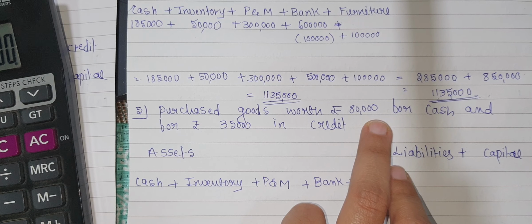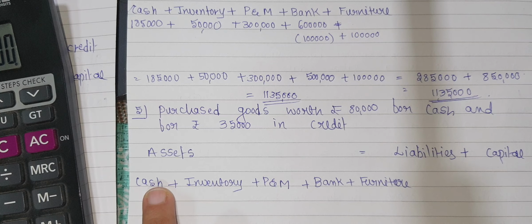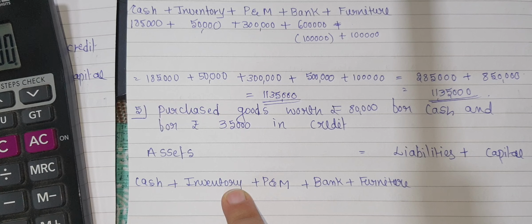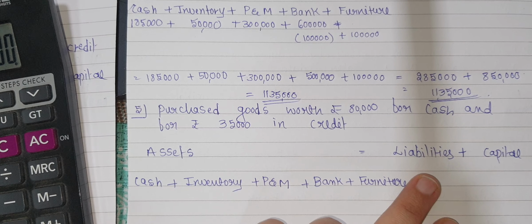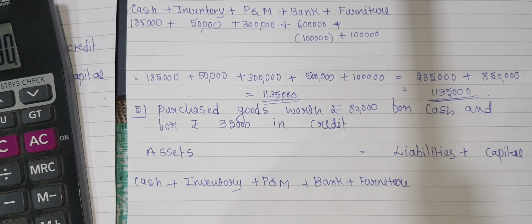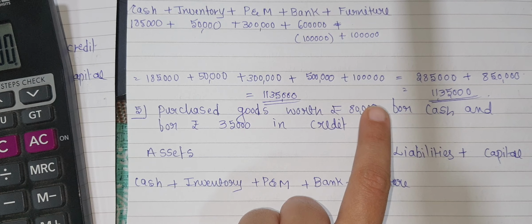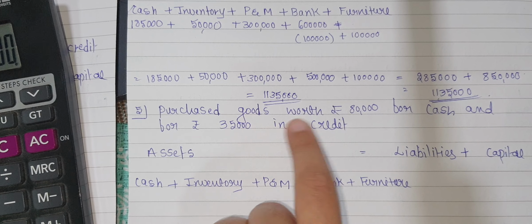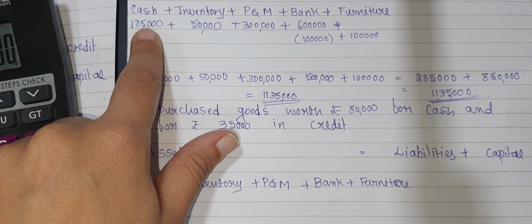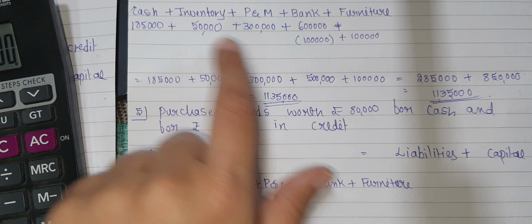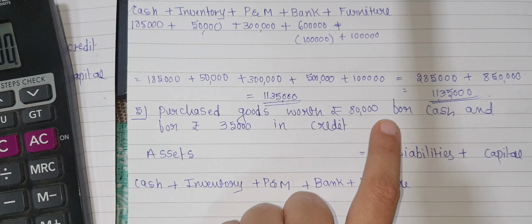It affects cash and inventory on the asset side, and liability on the other side. There is a decrease in cash by rupees 80,000 because we purchased goods worth rupees 80,000, so out of rupees 1,85,000 we need to deduct rupees 80,000. We made the payment in cash.